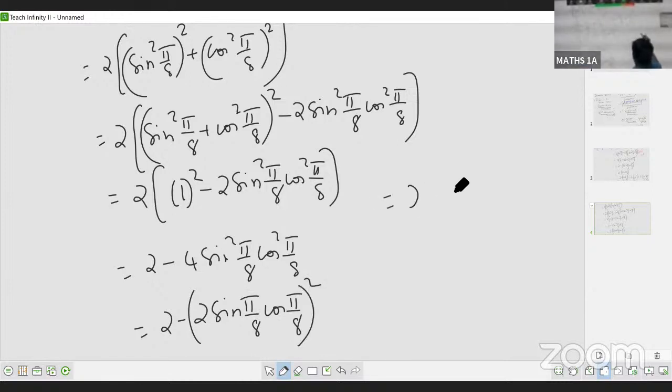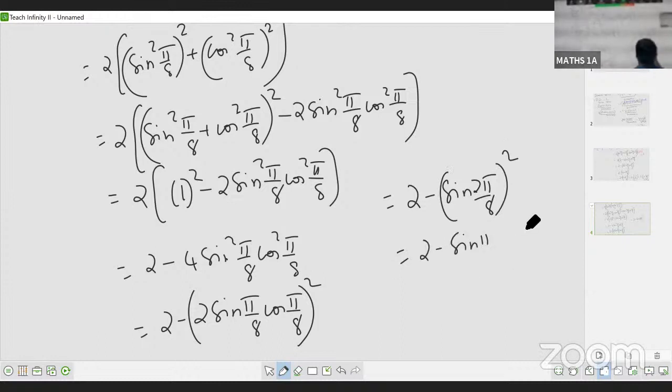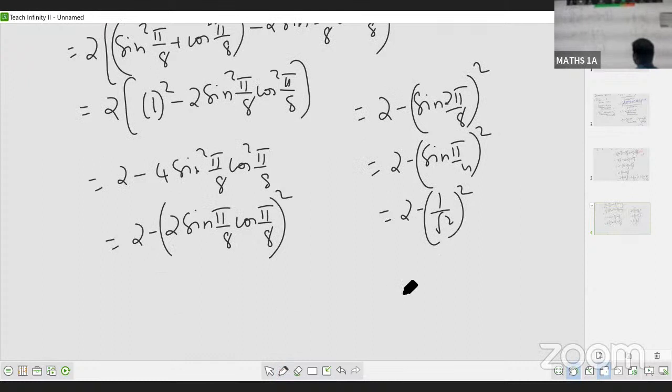That is equal to 2 minus sine 2 pi by 8 whole square, 2 minus sine pi by 4 whole square, 2 minus 1 by root 2 whole square. That is 2 minus 1 by 2. Is it clear?